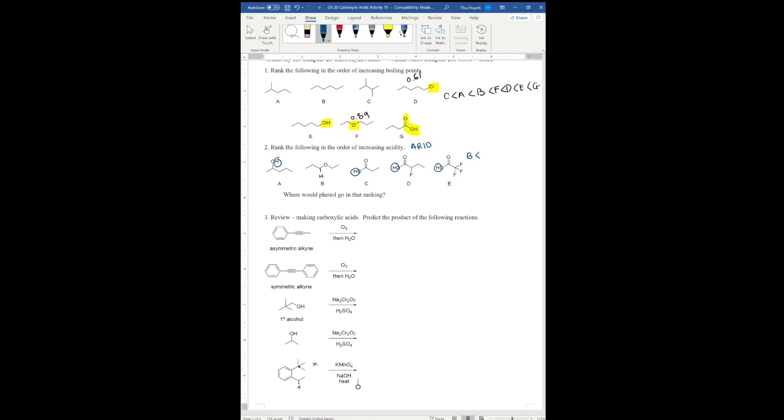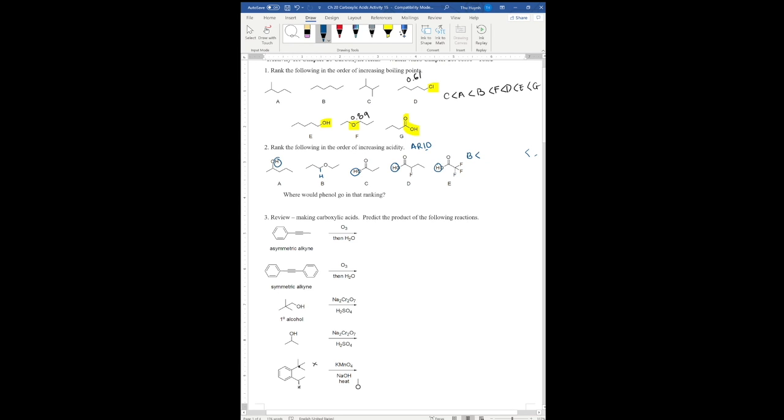Moving on to D and E, we can see that D and E both have fluorine, and fluorine, being a very electronegative atom, can pull electron density towards itself, therefore stabilizing the negative charge. This falls into the I portion of ARIO, induction. So we can conclude that D and E would be more stable than the others. However, because E has more fluorines, E would be the most stable of the two.